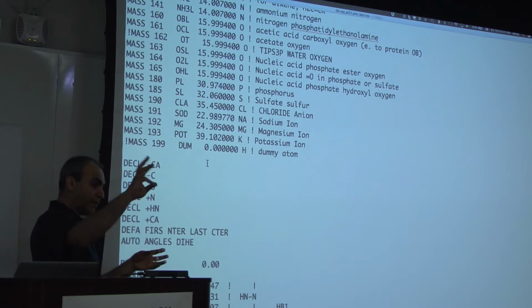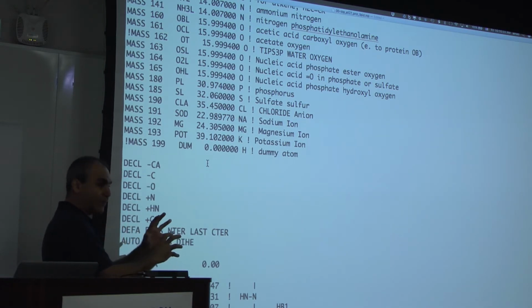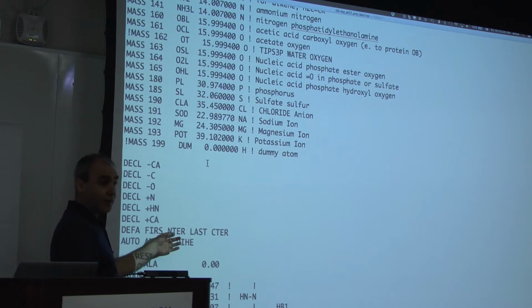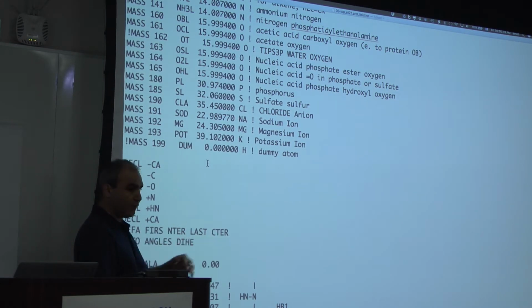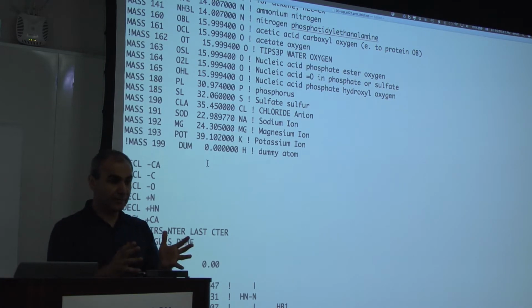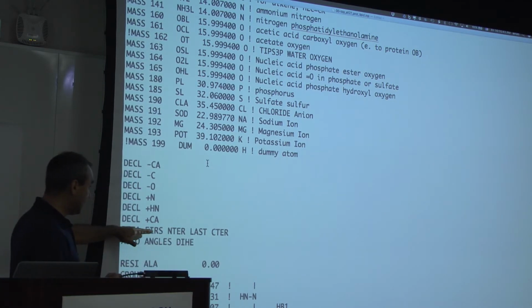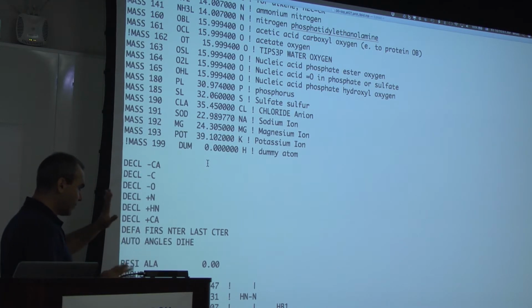In a segment, you have a polypeptide chain, and you're going to cap the first residue with N-terminus, something special. And by default, the last residue will be patched by something called C-terminus. I do not like this default behavior, so I will talk about this when we get to the patches.